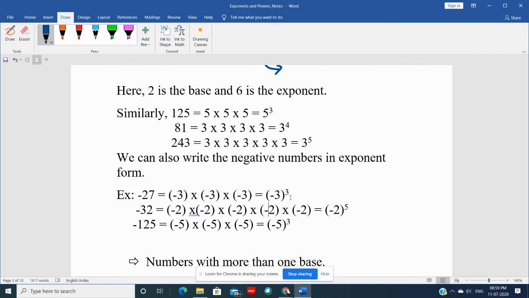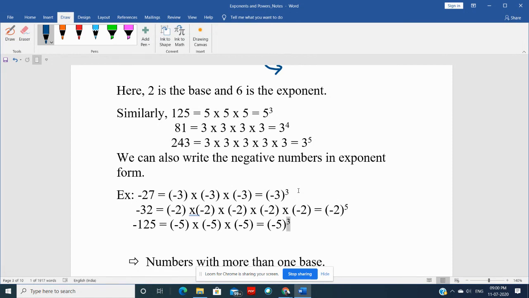Similarly, minus 32 is also prime factorized the same way we have been doing, the only difference being the minus sign. So it is minus 2 raised to the power of 5. Similarly, minus 125 is minus 5 raised to the power 3. If you notice, all the powers are odd numbers: 3 is odd, 5 is odd, 3 is odd.